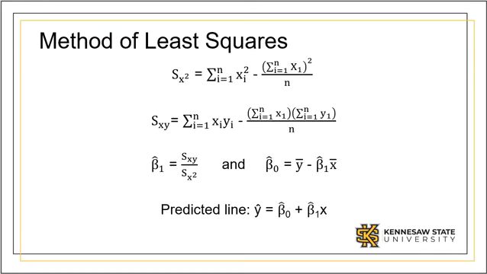The estimate for beta sub 0 is the mean of the y values minus the estimate for the slope times the mean for the x values. Once beta sub 0 and beta sub 1 have been computed, substitute their values into the equation of a line to obtain the least squared prediction equation.